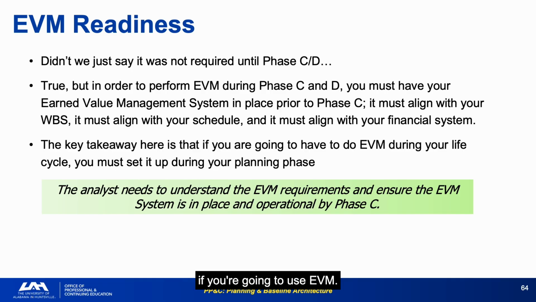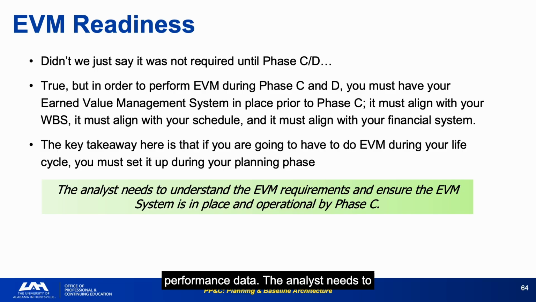The key takeaway: if you're going to use EVM throughout your life cycle, you must set it up during your planning phase. The WBS, OBS, RAM, control accounts, work packages, and PMTs all have to be in place before you get your first month of performance data.